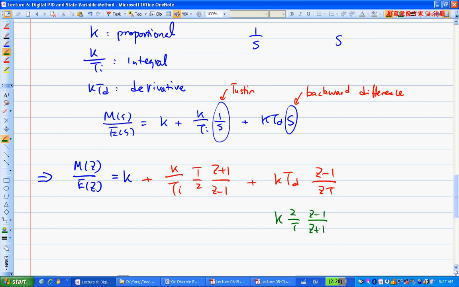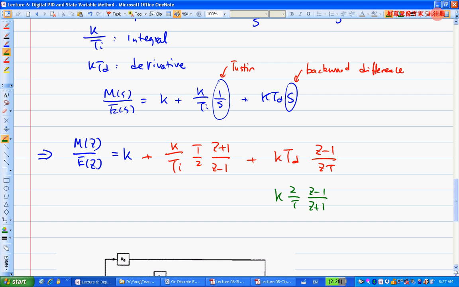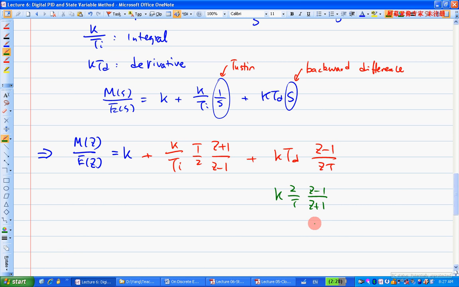Negative 1. Okay? So you have a Z equal to negative 1 in here, right? Negative 1. So then you think about what happens once you insert this controller to the system. When you insert this into the system, you have a pole at Z equal to negative 1, right?